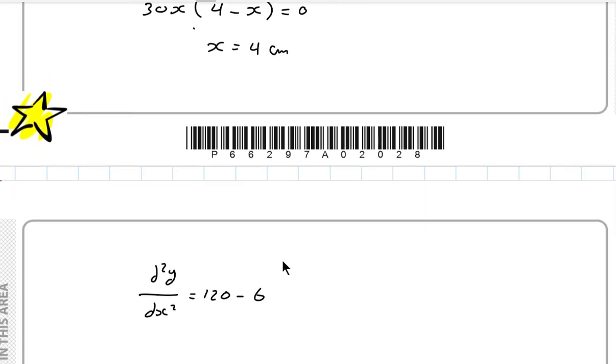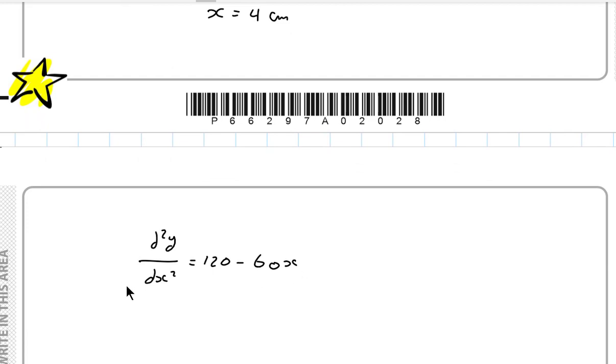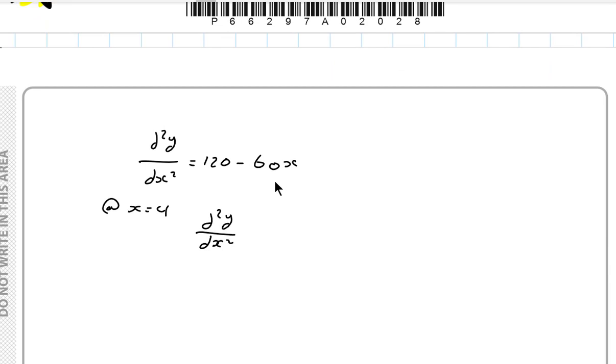At x equals 4, the second derivative, 120 minus 60 times 4, will be negative, which corresponds to a maximum value at this point.